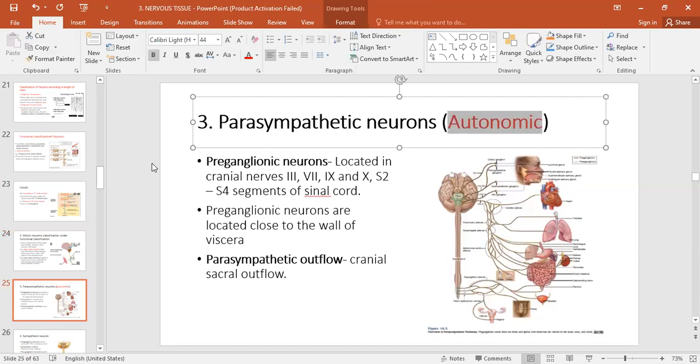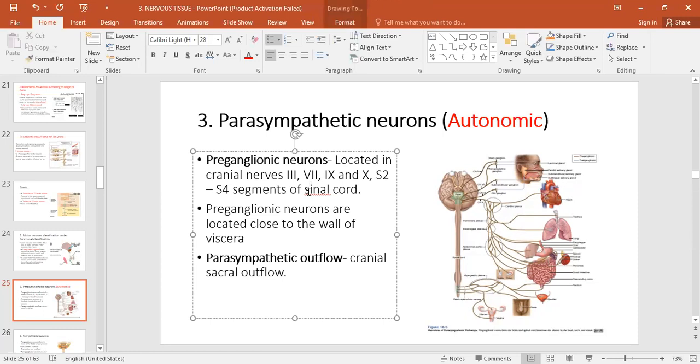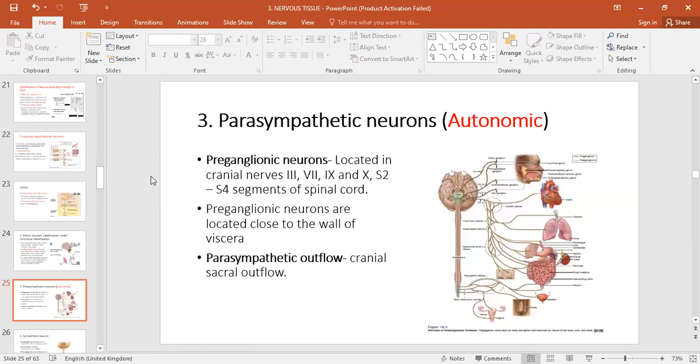All neurons involved in voluntary or conscious control, we call them somatic. So somatic are nerves or neurons that control skeletal muscles, things that we are conscious about, movement, writing, sitting, running, all those things.